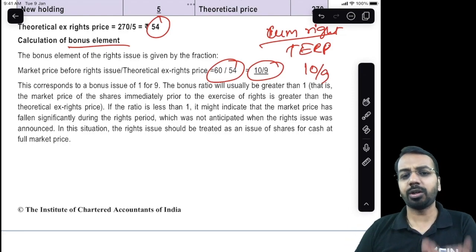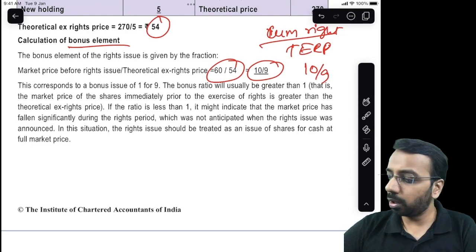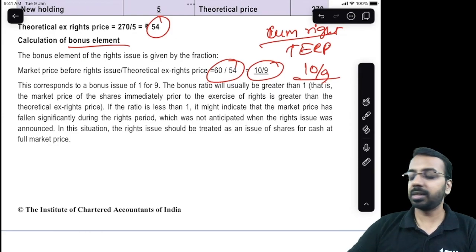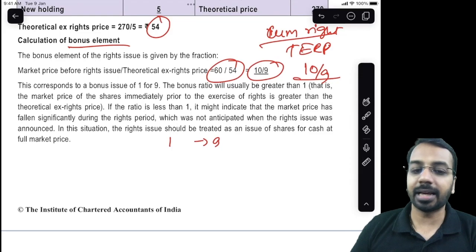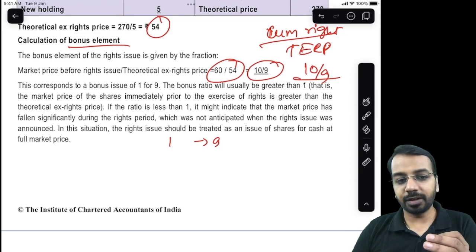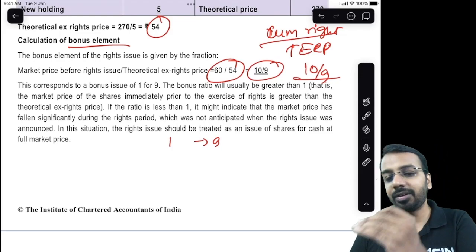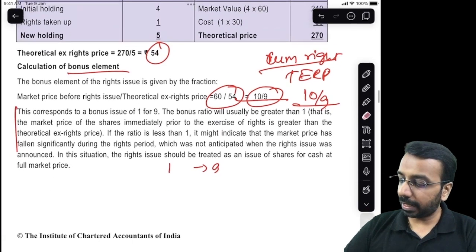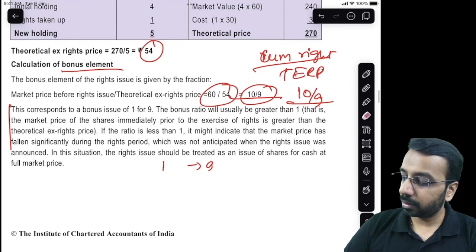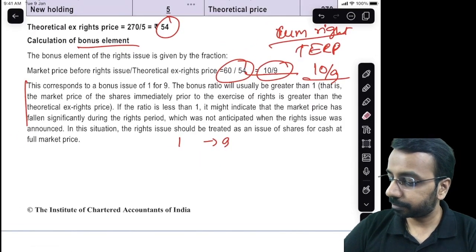You can divide it, or you can keep it in fraction form only. So this is the rights adjustment factor. Basically it means there is 1 free share for every 9 shares held. Okay, don't need to worry about this explanation. Now, how do we calculate this? See, we have 18 lakh shares.